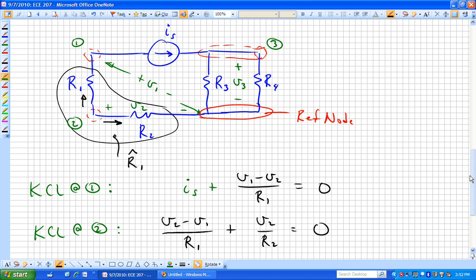It just, to me, makes it more steps because I'm now doing a separate step to combine R3 and R4, unless they're easy resistors to combine. If they were both the same, the combined resistance will be half, and that may be easy to determine. But this way I just keep them isolated or independent of each other and I can see where they're coming from. But that would have been okay. It should give you an equivalent answer.